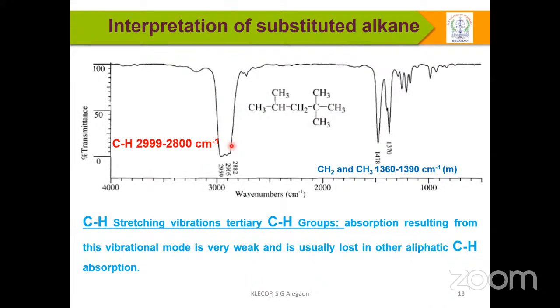So this is one of the best examples. Those who are preparing for GATE and competitive exams, most of the time they will ask how you differentiate branched alkanes and plain alkanes with IR spectroscopy. Along with that, CH2 and CH3 are observed at 1390 to 1360 reciprocal centimeter.